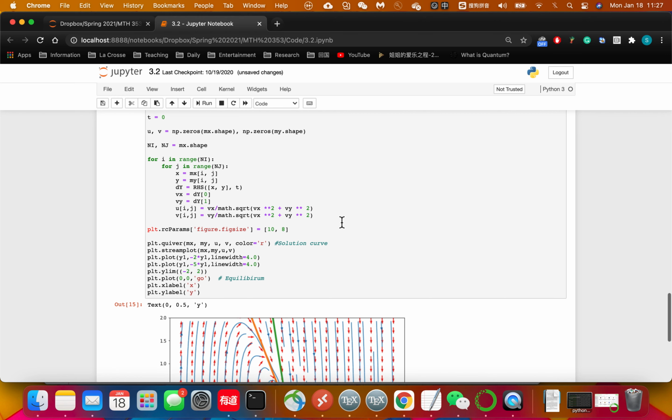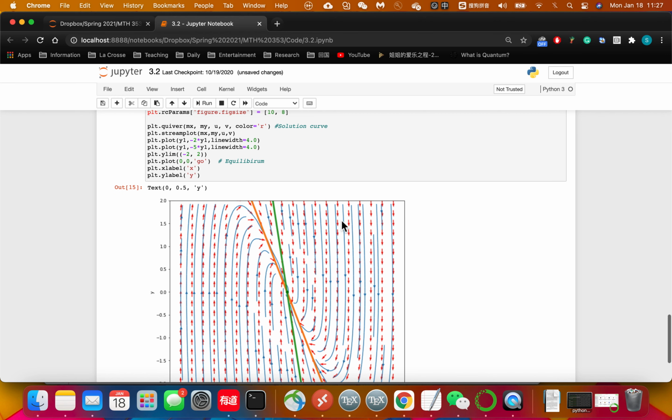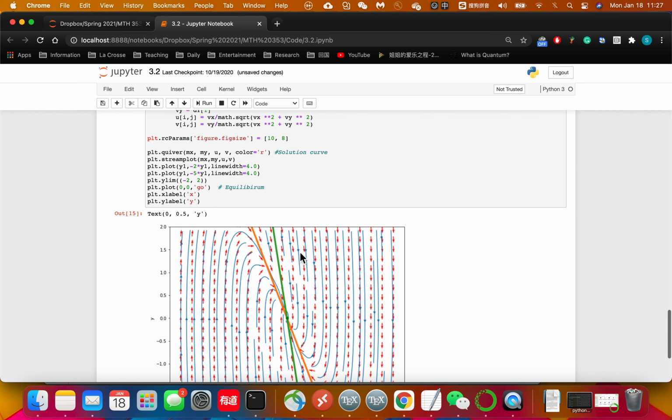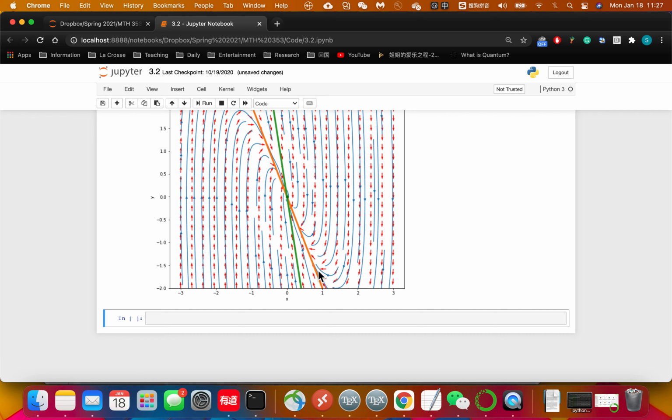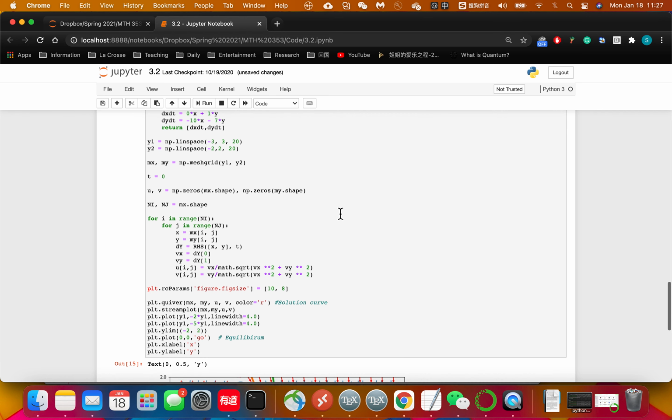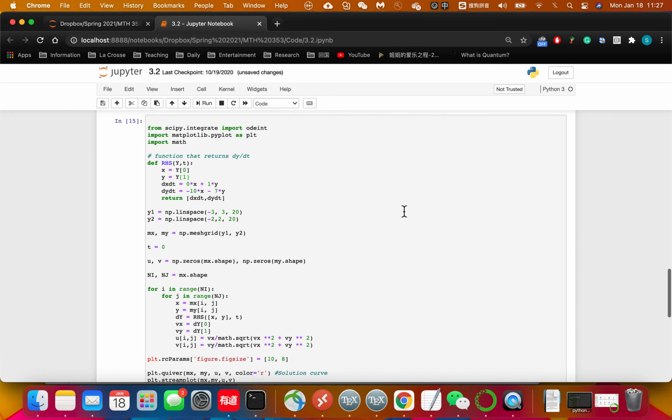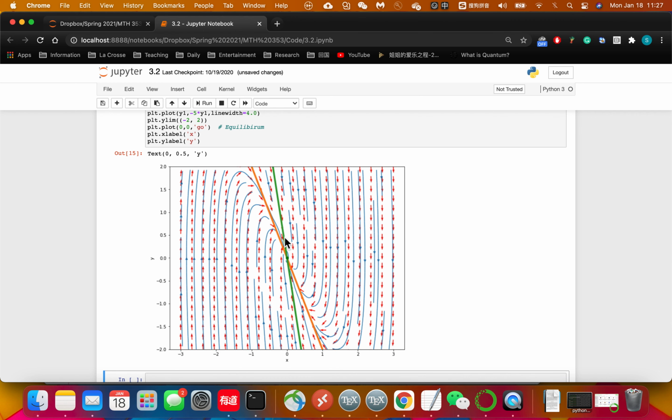Then you can see in the direction of (1, -5), we will have the orange straight line. Take it back. The (1, -5) is going to be the green one, and (1, -2) is going to be the orange one.